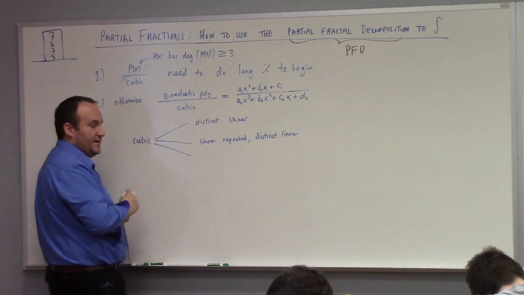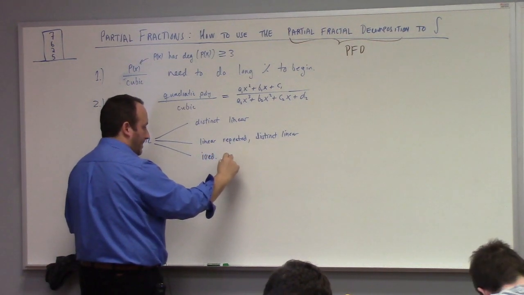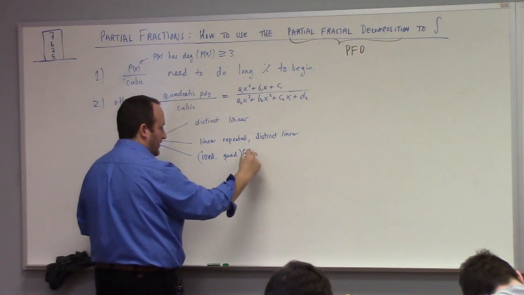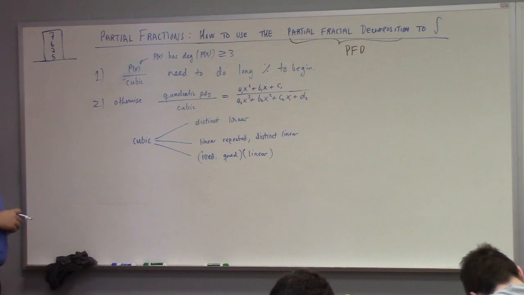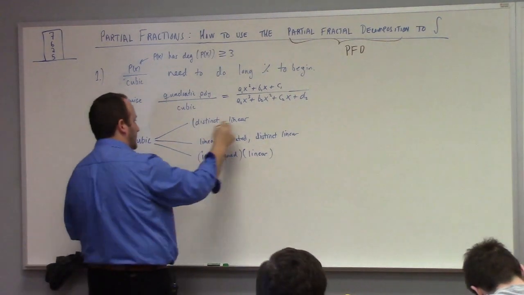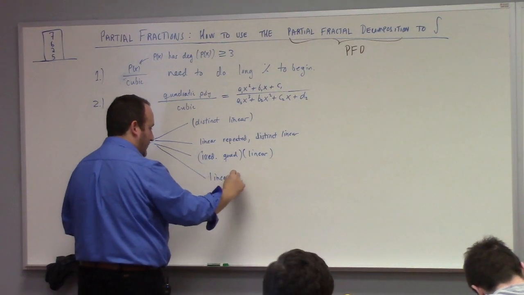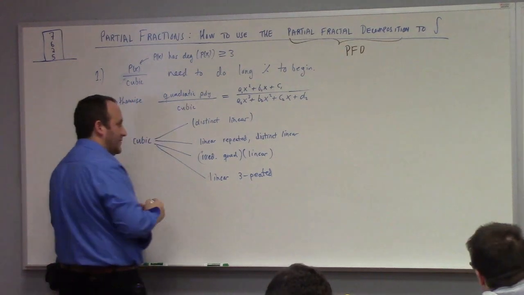You could also have an irreducible quadratic times a linear factor. Is there anything else? Oh, you could also have a linear factor three-peated. You're like, that's not a word. Well, you know what I meant.